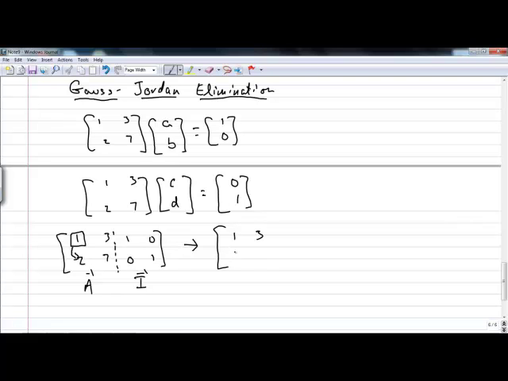And if I do that, my second row looks like that. I'll do the same thing on the other side. And this, of course, is row 2 minus 2 row 1.